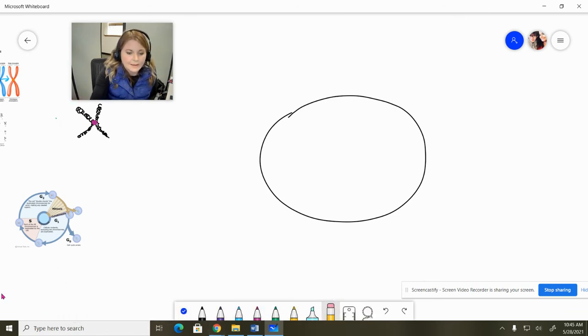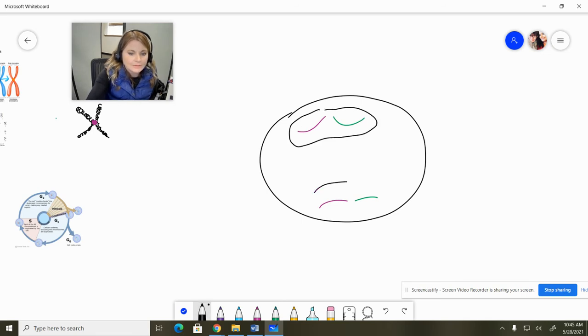where we have, say, our chromosomes at either end of the cell, right? So then a new nuclear envelope is going to form around those chromosomes.